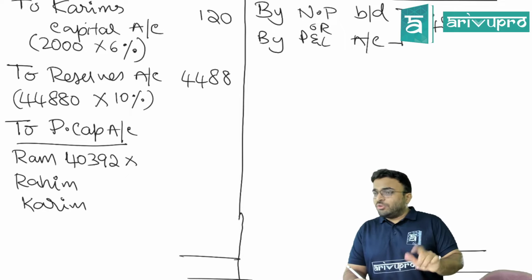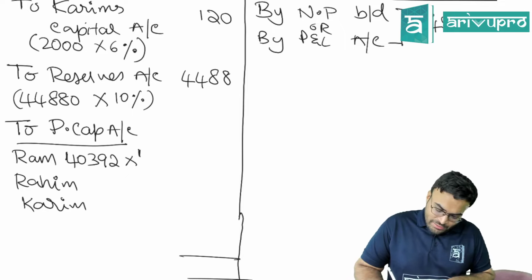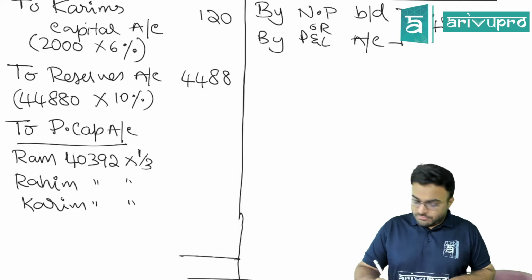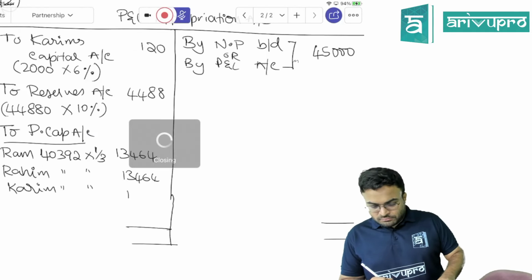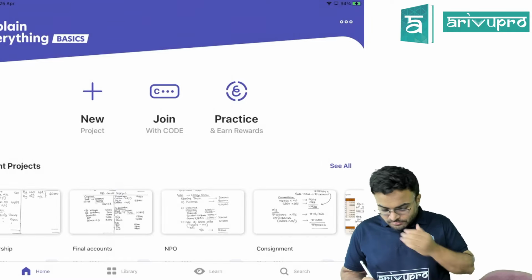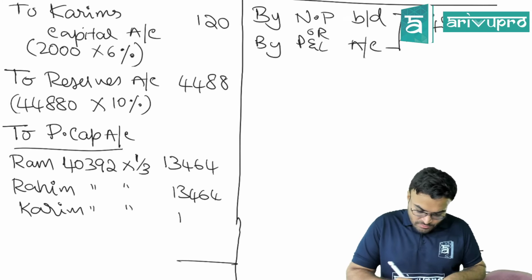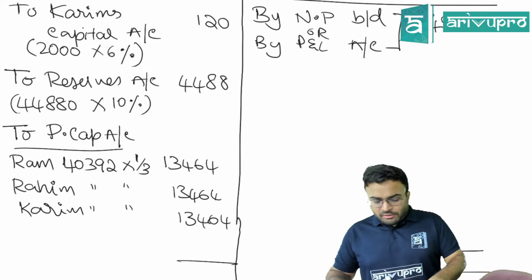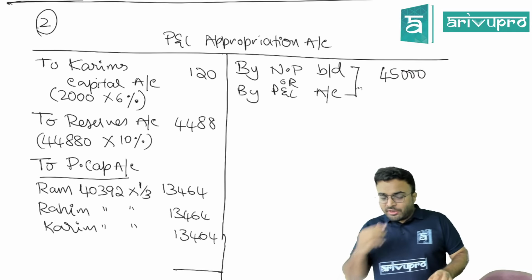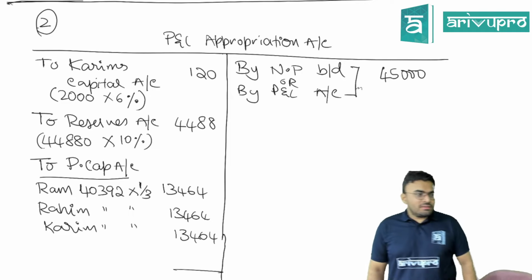Equal ratio, because there is no agreement. So into 1 by 3. How much? 13,464 each. Okay. These kinds of questions can also appear for 4-5 marks in the exam.